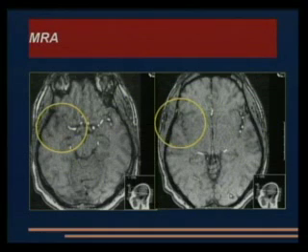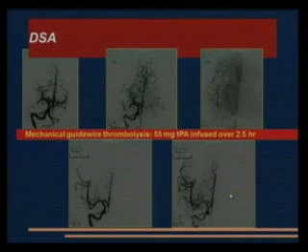You see the difference in the branches in the insula. There is no branches on this side, and you see the occlusion here of the artery. And they did thrombolysis. In this case, they didn't do the retrieval with mechanical.